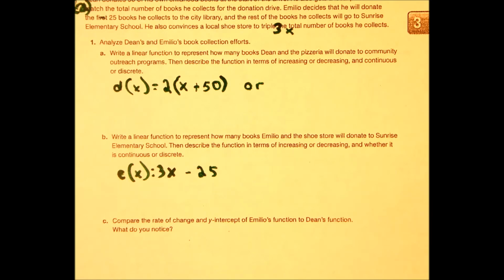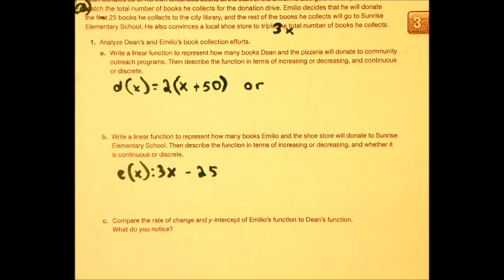Continuous is that you can have pieces or parts. Discrete must be whole numbers. Correct. So can we have half a book? Well, physically you could rip a book in half, but I'm not sure if anybody's going to want to be able to read it. Okay. You can only have whole books. So this has to be a discrete function. We can't have pieces, right?